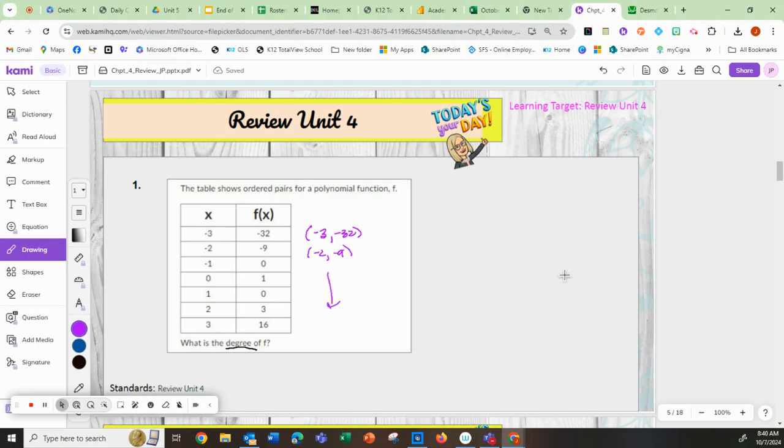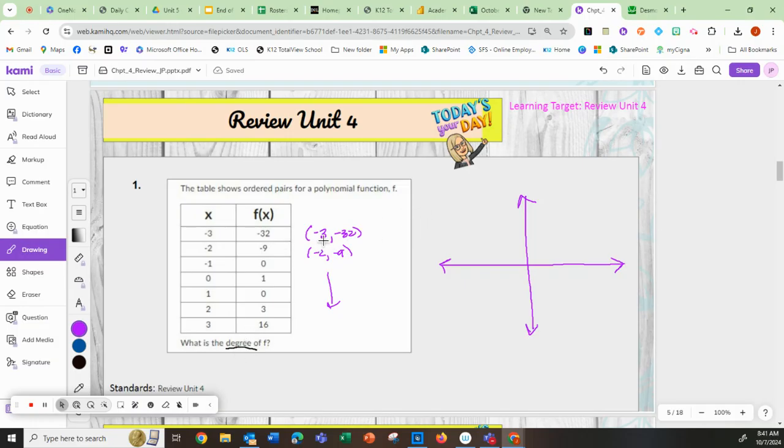So I could type it into a TI-84, but I know this year TI-84s were not in your supply box from Alva, so I'm just going to do a rough sketch, and we can look at how many turns or curves this graph makes, and we can determine the degree.